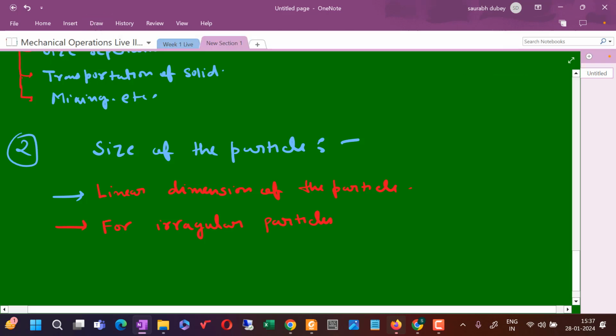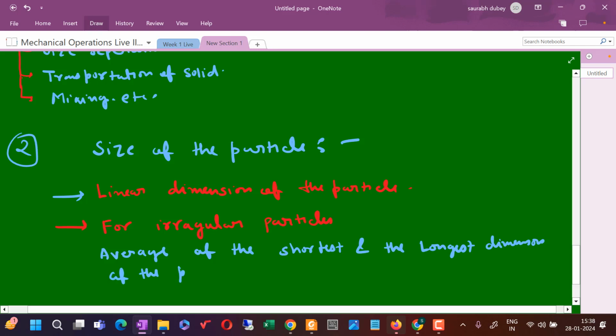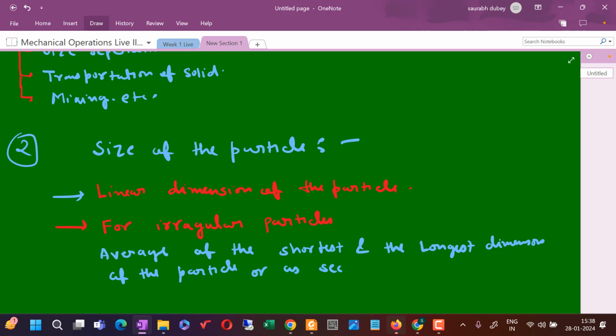If the particle size is irregular, the size may be found as the average of the shortest and the longest dimension of the particle, or as the second largest dimension.